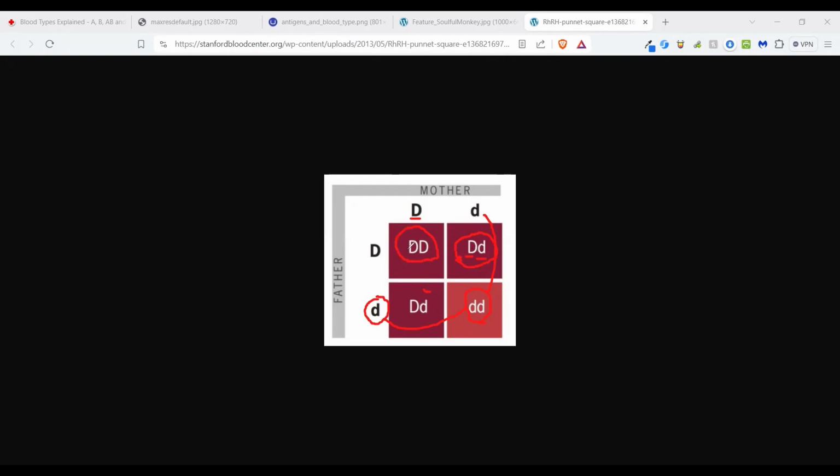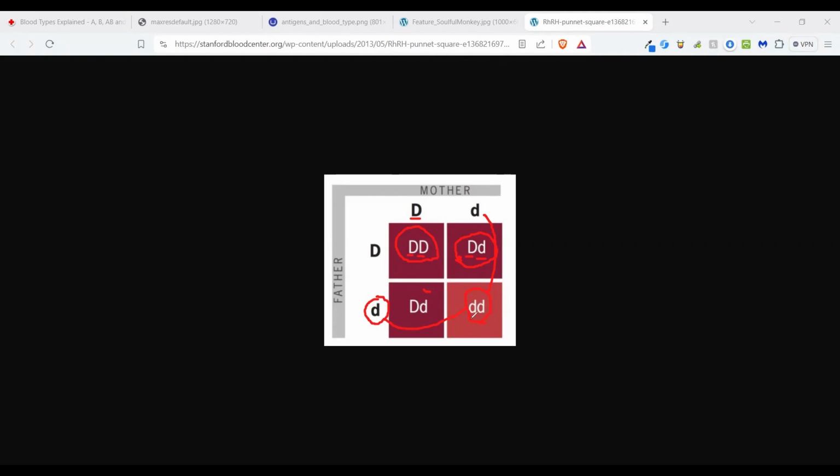Homozygous dominant, because both of the alleles are dominant. Both of them are capital. So that child is homozygous dominant. And both of the children I've circled here would be Rh positive, so a positive blood type. So even though their genotypes are different, their phenotypes would be the same. We'll get into that in a minute.